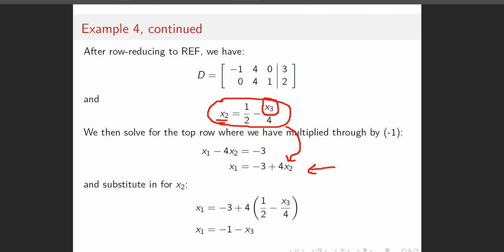Okay, so when I do that, I just plug in what x2 is equal to, and then I have a 4 outside, which cancels out the denominators, right? So 4 times a half is 2, so negative 3 plus 2 is negative 1, and then 4 times minus x3 over 4 is just minus x3. So we get a simpler equation for x1 when we substitute in for x2.